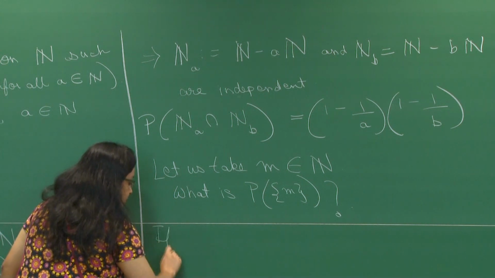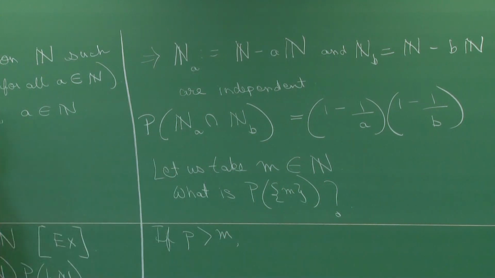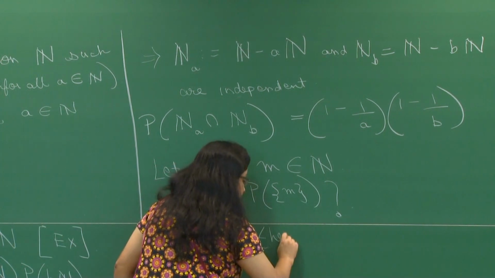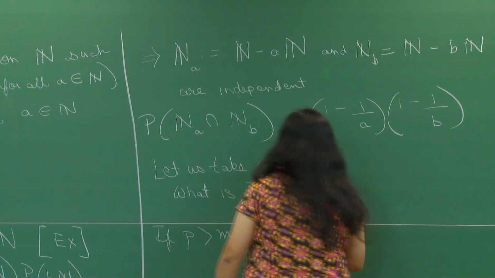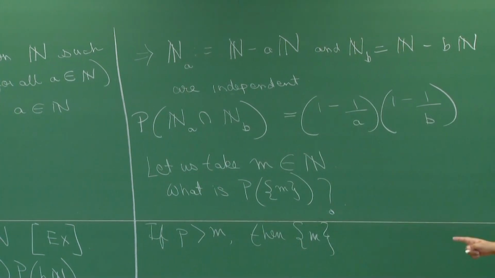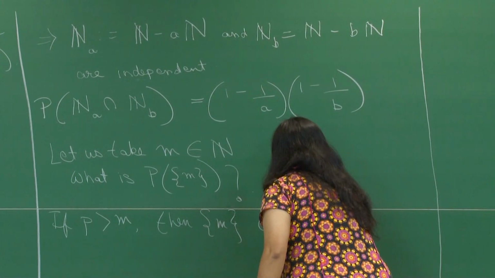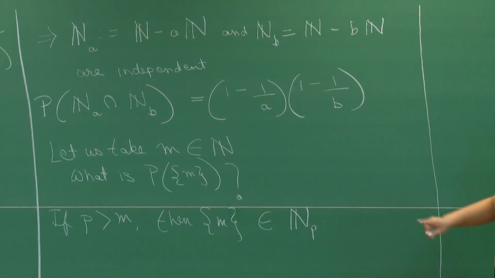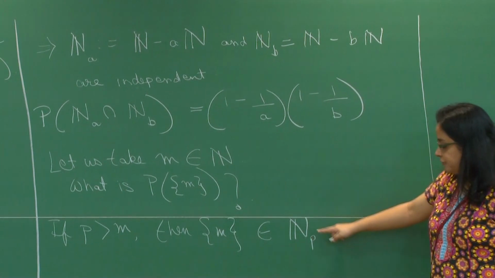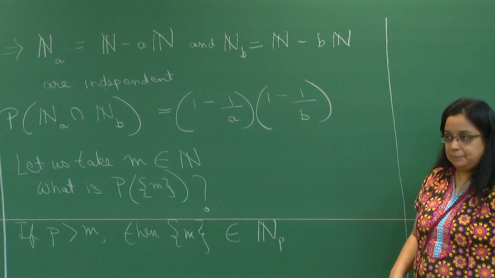If you have a prime p which is strictly greater than m, then the singleton m obviously cannot be a multiple of the prime p, and therefore, this is an element of N sub p, and therefore, it is in the intersection of N sub p for all primes p which are strictly greater than m.